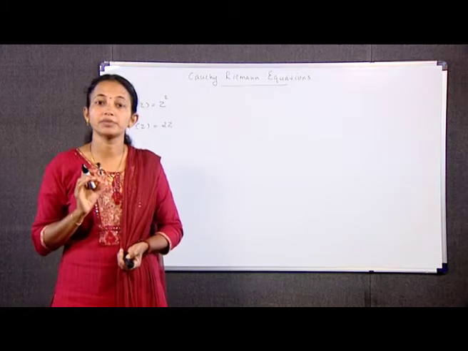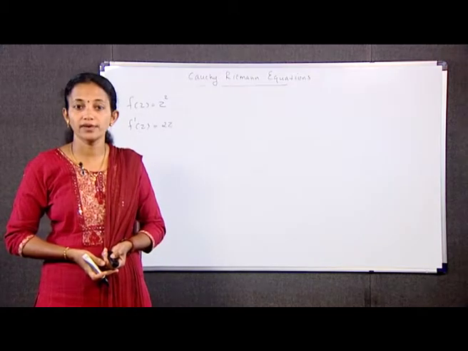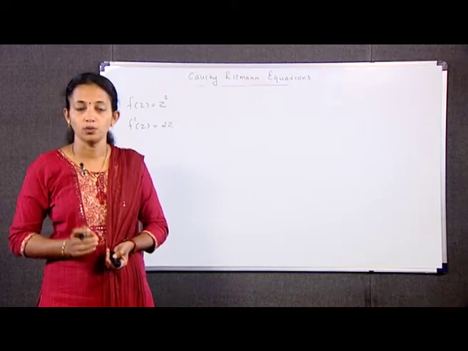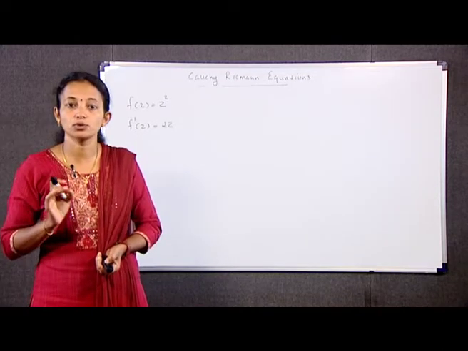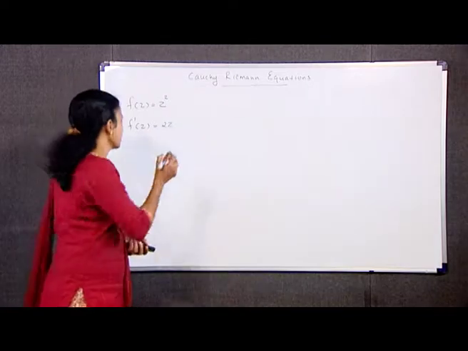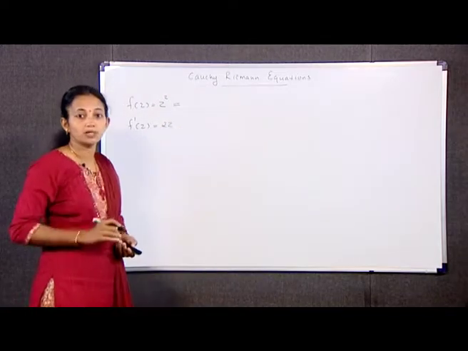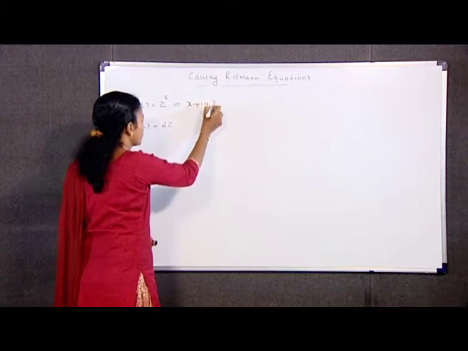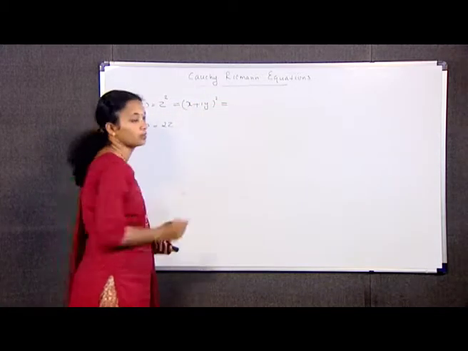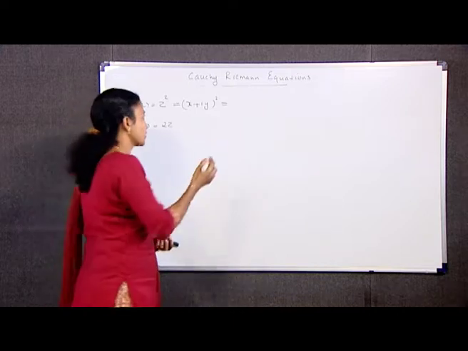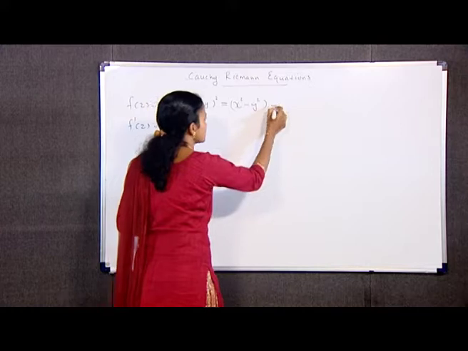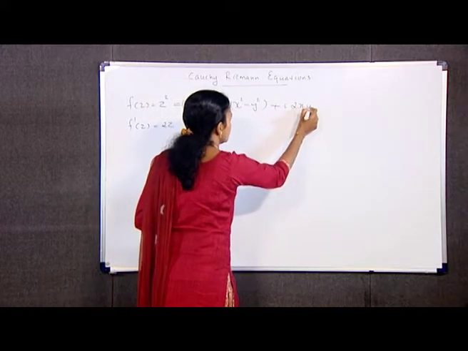Hence, the theorem is applicable. To verify that the Cauchy-Riemann equations are satisfied everywhere, we note that f(z) = z² can be written as (x + iy)², which is equal to x² − y² + i·2xy.